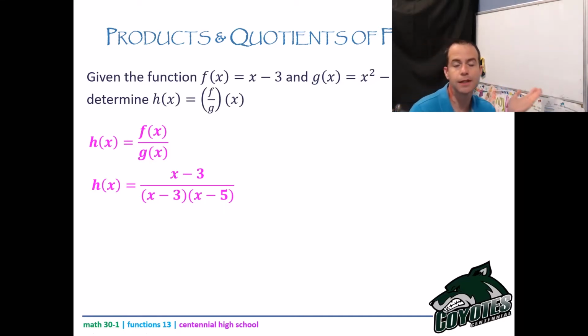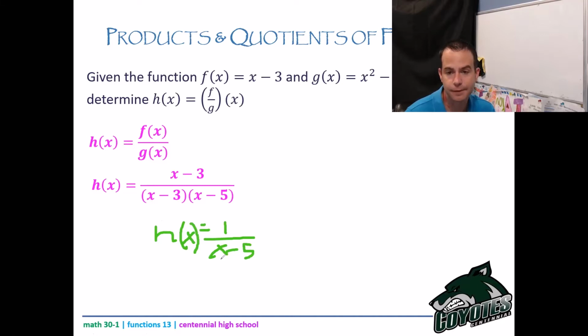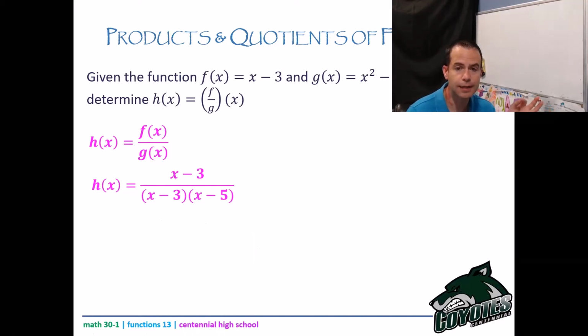So if I plugged in 3, I'd have 3 minus 5 on the bottom. I'd have 1 over x minus 5 as my simplified version, right? So if I plugged in 3, I'd have 3 minus 5, which would be -1/2. 3 minus 5 is -2, okay? So my point of discontinuity is at 3, -1/2. I have a vertical asymptote at x equals 5.